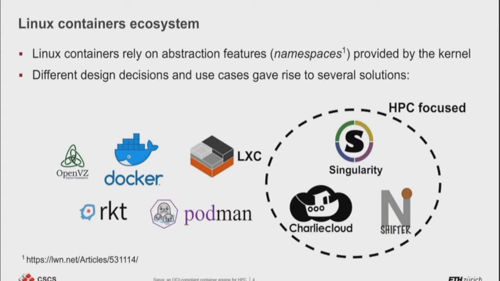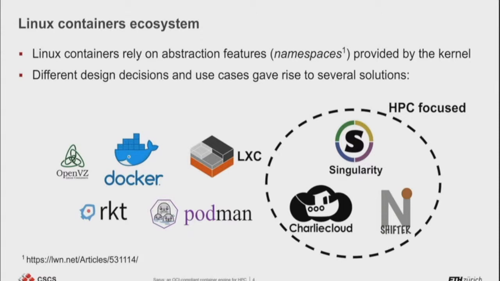Because the containers all rely on these abstraction features provided by the Linux kernel, which are called namespaces. You may have heard about them. And if you really want to know what makes containers tick at the low level, I cannot recommend enough this series of articles on Linux Weekly News. It gets kind of technical, but it's a great read.